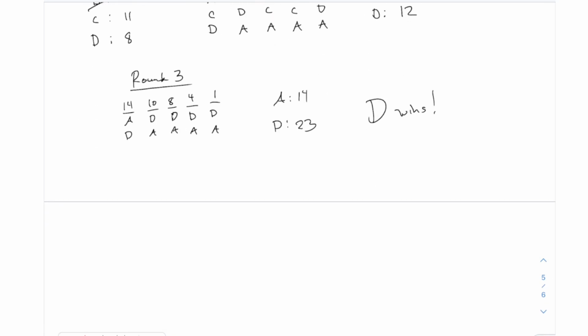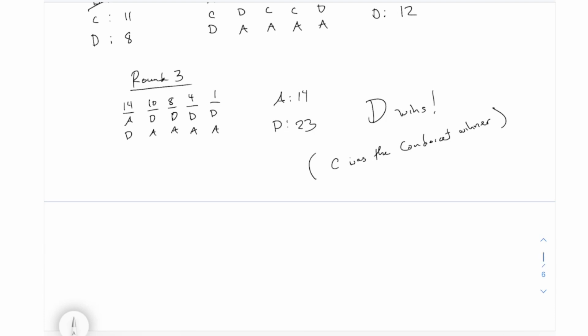I would like to point out, in this example, C was the Condorcet winner. We figured that out a few times ago. And one thing that means, and this is a bad thing about instant runoff, is that it does not always choose the Condorcet winner. If there is a Condorcet winner, they might still lose using the instant runoff system.